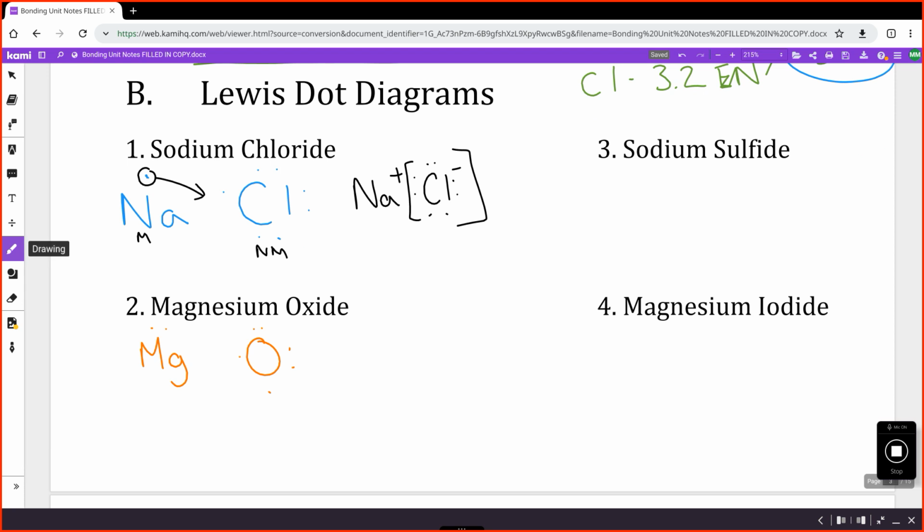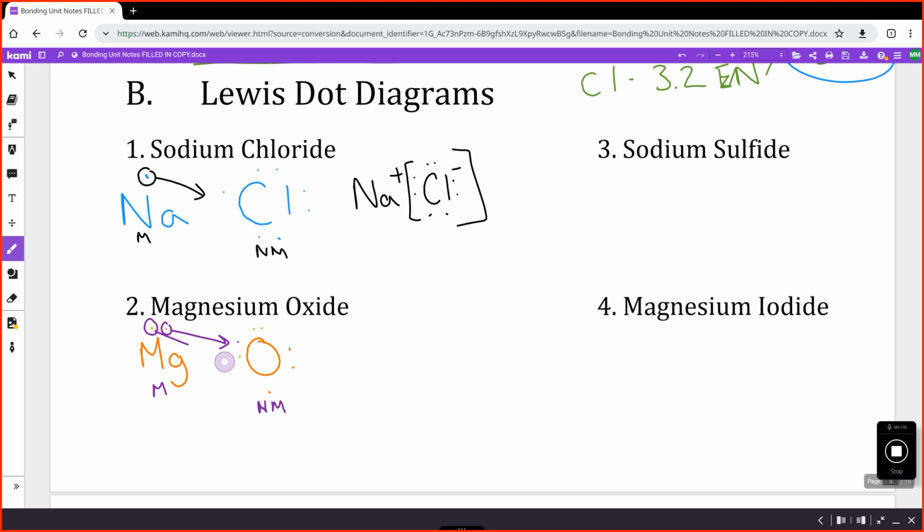So again, it's the same idea. The metal will be giving its electrons away to the nonmetal. And this process has to continue until the metal is completely empty and the nonmetal is completely full. So we'll go 1 electron at a time by moving this electron to oxygen. Now, oxygen originally had 6. By adding 1, it would then have 7. It's not great because we need to have 8. And we need to have 0 on the magnesium, and there's still 1 left over.